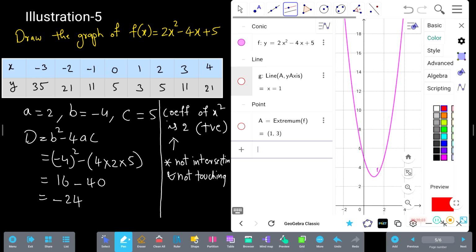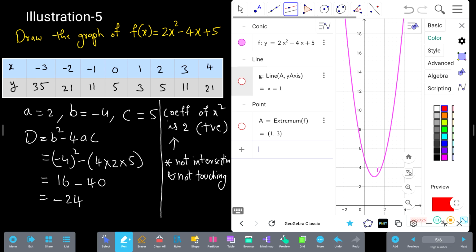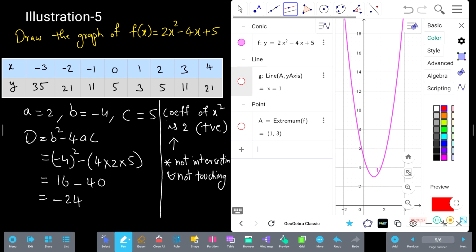In the first two cases, the parabola was intersecting with the x-axis. In the third and fourth cases, the parabola was touching the x-axis. Now in this fifth case, the parabola is not intersecting and not touching the x-axis. So that means there are no zero values for this parabola, for this quadratic polynomial.